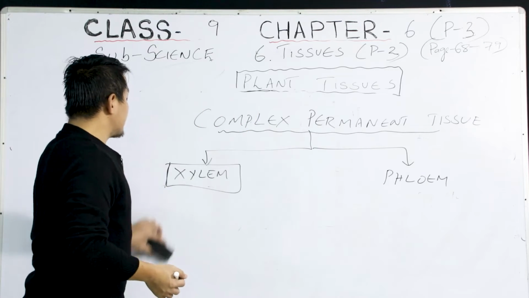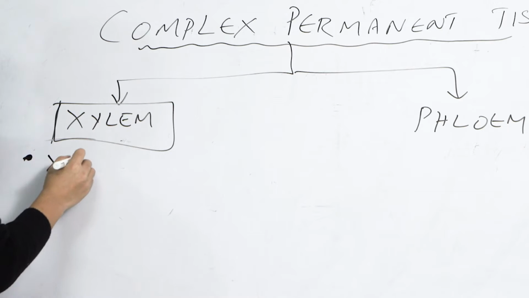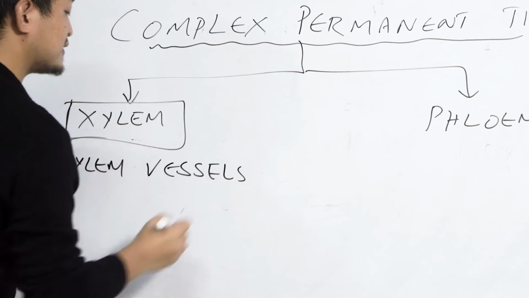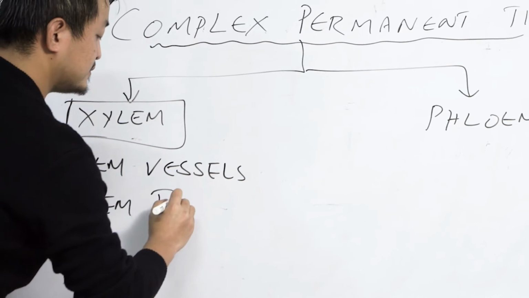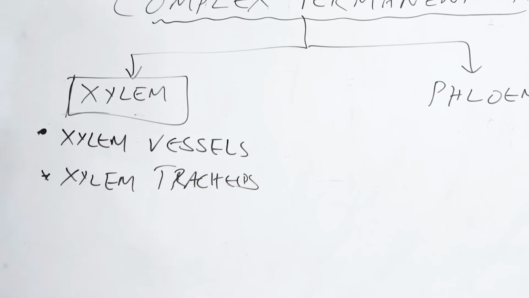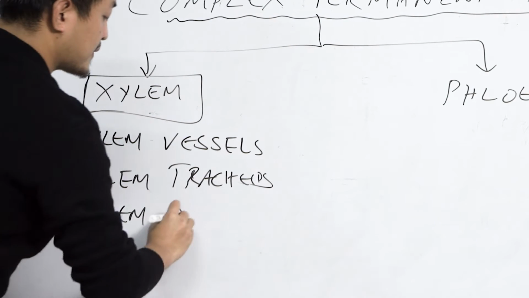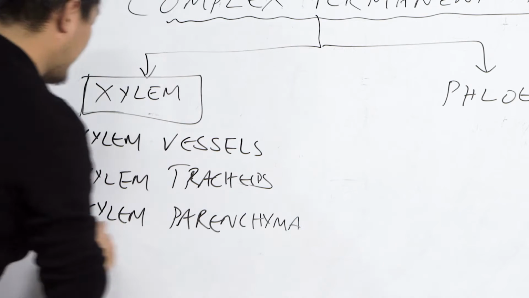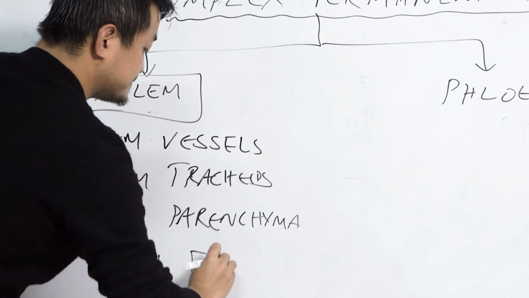Xylem is composed of four types: xylem vessels, xylem tracheids, xylem parenchyma, and xylem fibers.